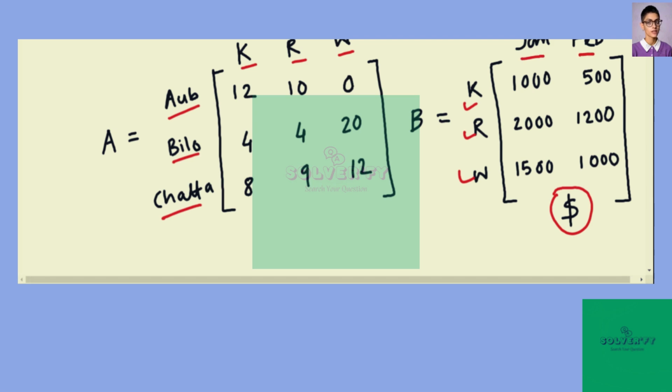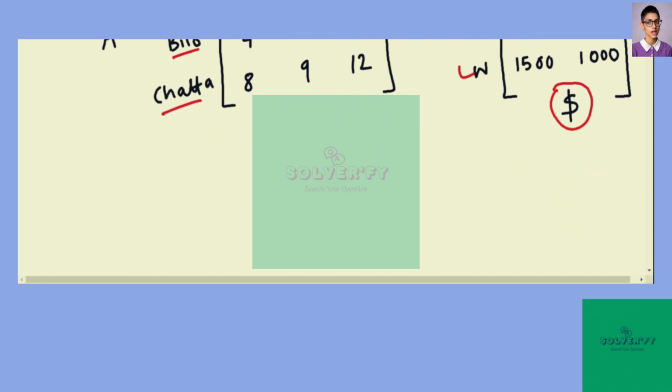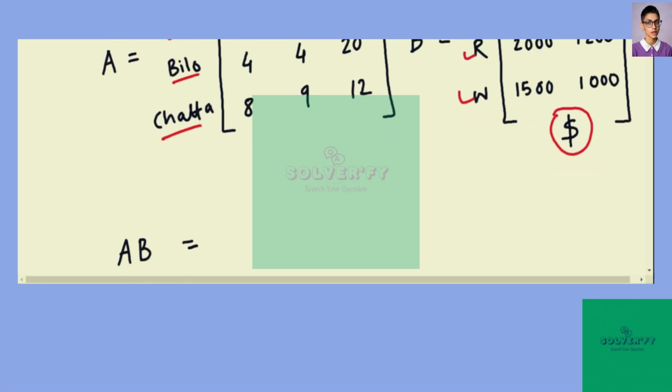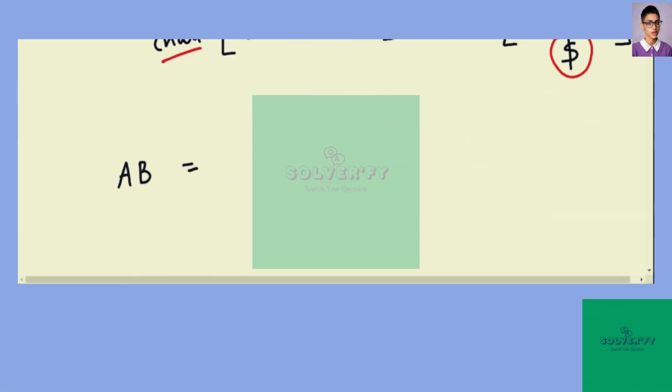So we are to find AB, that is the multiplication of A with B, and then we will find our required answers. First of all, let us calculate AB. As you know, A is a 3 by 3 matrix and B is a 3 by 2 matrix.